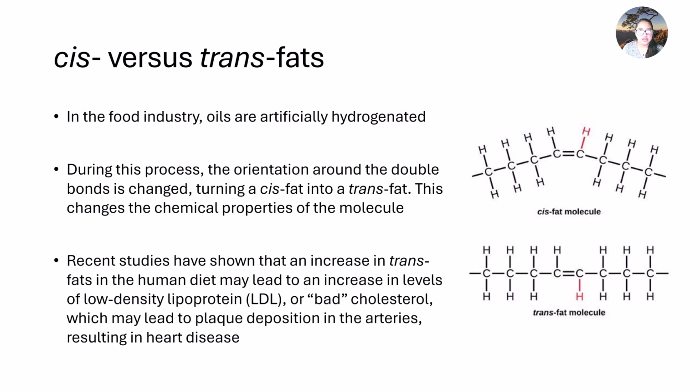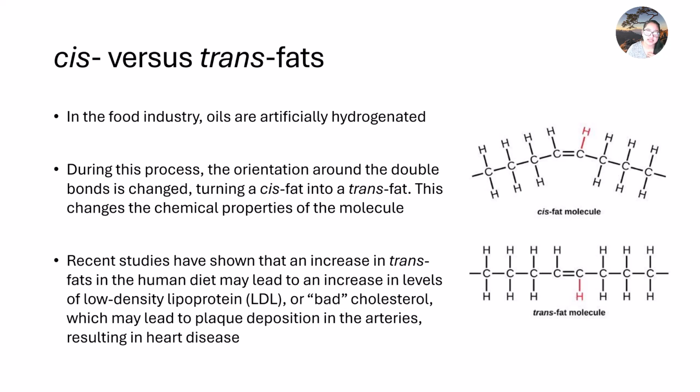But in the food industry, oils are artificially hydrogenated. They will add hydrogens through this whole process. And if they're adding hydrogens to make it not unsaturated, it will still change the molecule in a way that will make a difference in your body.